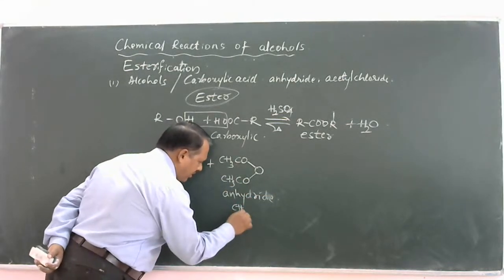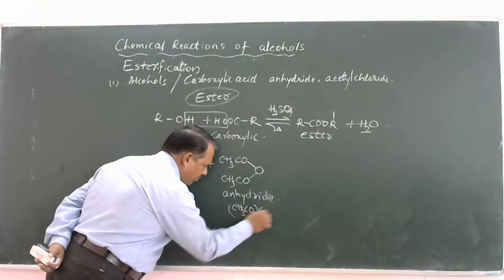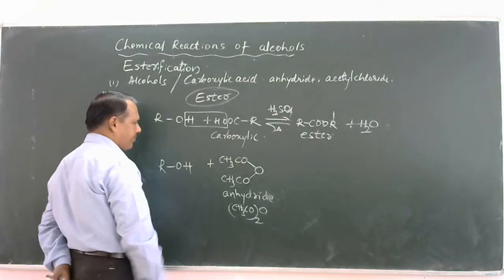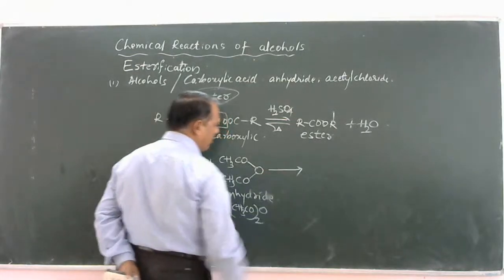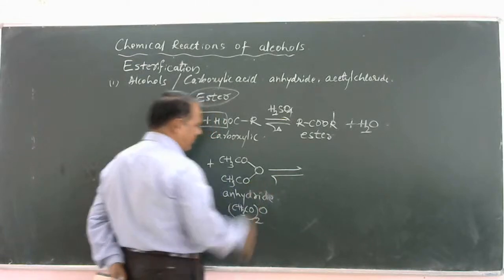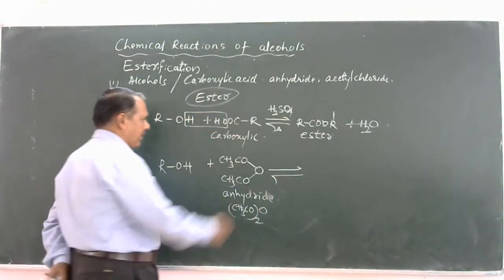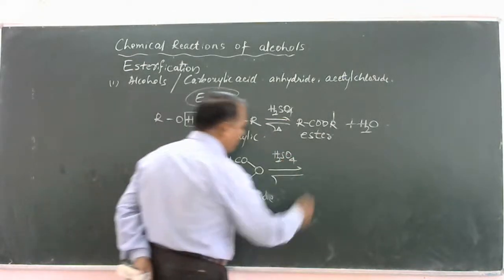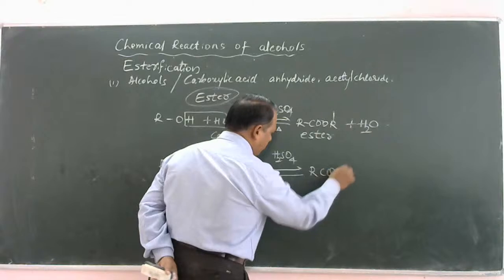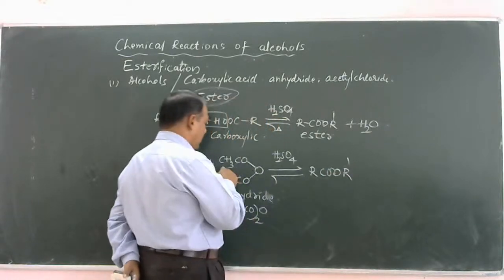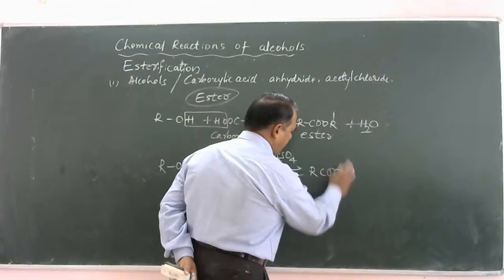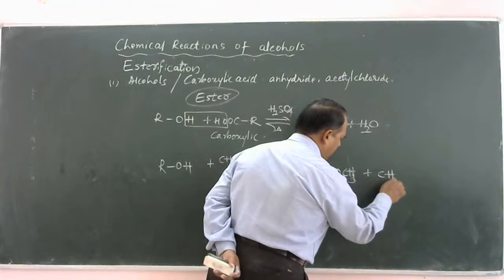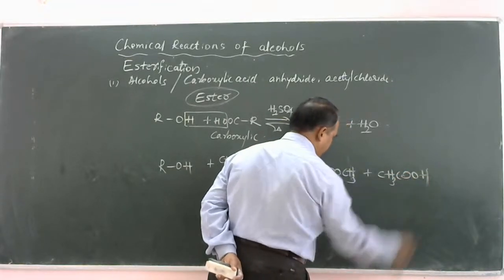When it reacts with an alcohol ROH, which is also a reversible reaction, in the presence of H2SO4, we will get the ester RCOR', plus CH3COOH, a carboxylic acid, is formed.